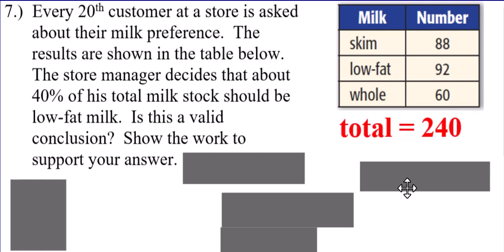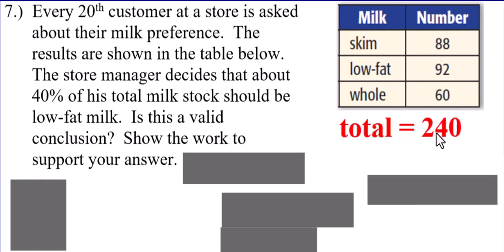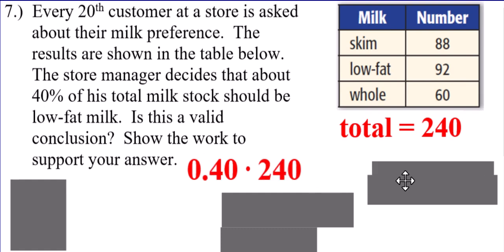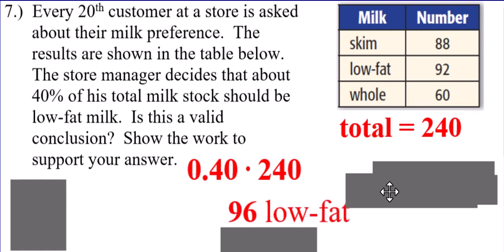All right, if you add these numbers in the table, you will get 240. Now, the store manager concluded about 40% should be low fat. Here's one way of doing your work. You could take 40% in decimal form and multiply it by the 240. Will that give you something close to 92? Now, it was 96.